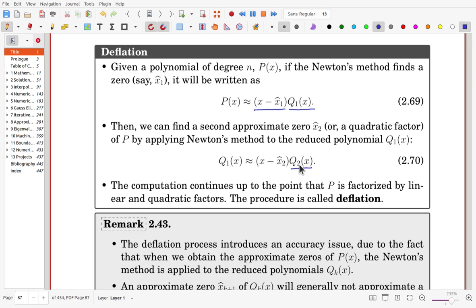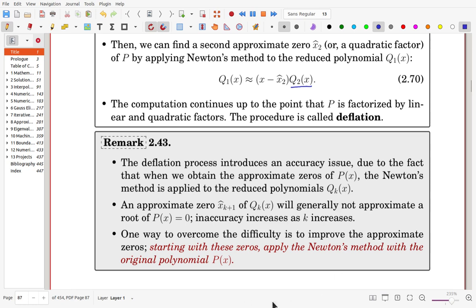In this way, from the given original polynomial, we try to find a factor, linear or quadratic. And by using the quotient, again, we try to find another factor, and another factor. In this way, we try to find the factors. This procedure is called deflation. So finding zeros of a polynomial is a kind of deflation. Through this deflation procedure, people are trying to find the polynomial zeros.